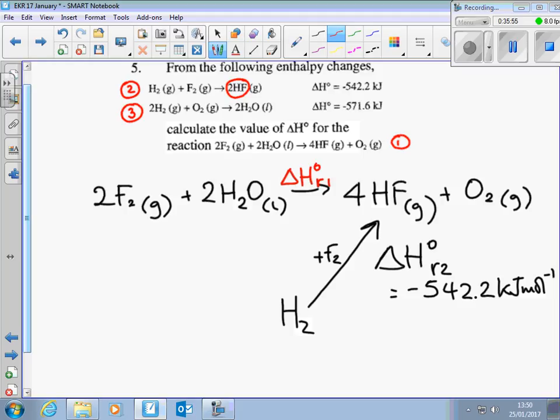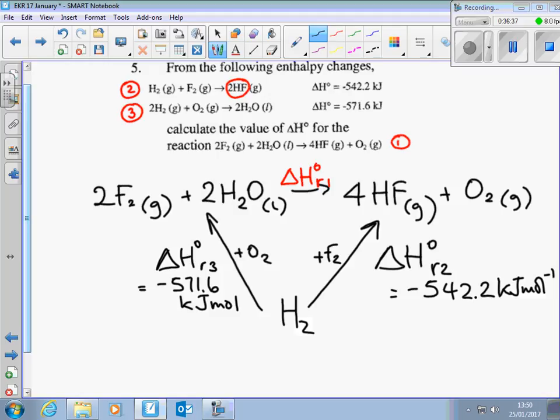The other information that we've got, hydrogen and oxygen can combine to make water. The water is there, so it makes it slightly wonky, but I'm going to do it like that. So plus oxygen would take us to water there. And so we've got a value for that. Our delta H naught R3 for that is minus 571.6 kilojoules per mole.